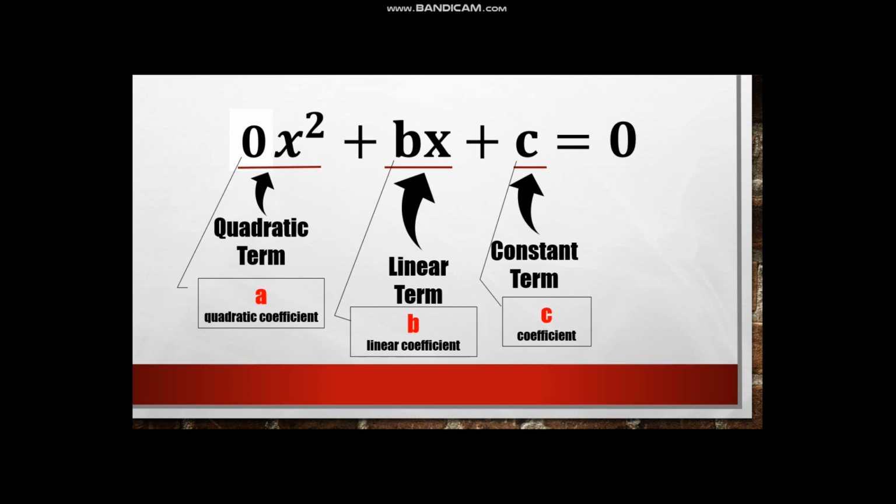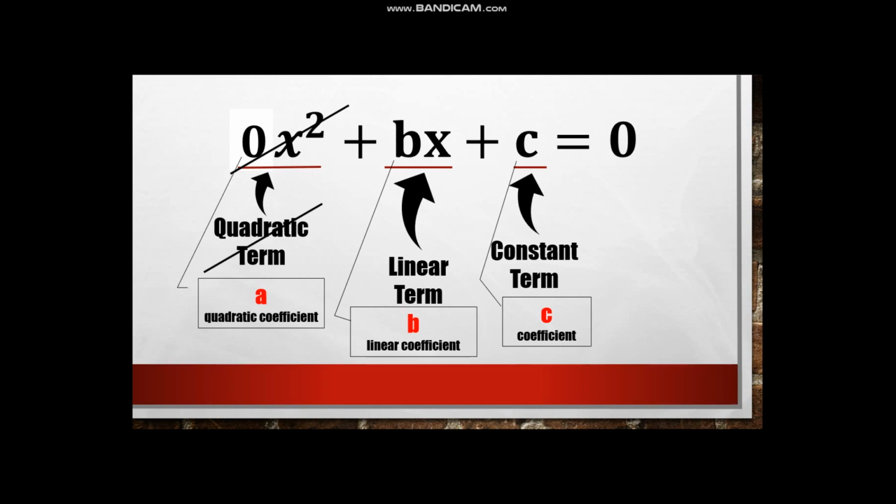Then, the quadratic term becomes 0x squared. 0x squared has no value, so we are going to eliminate 0x squared. In short, there will be no quadratic term. And if that is the case, then the whole equation is not considered as a quadratic equation because there is no quadratic term.